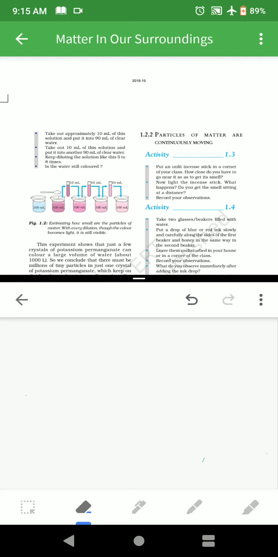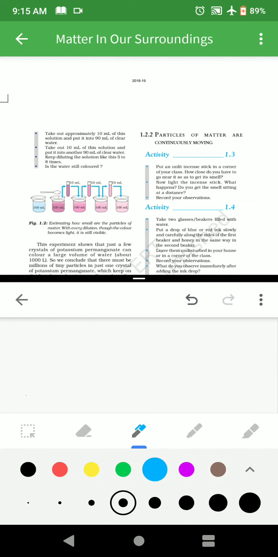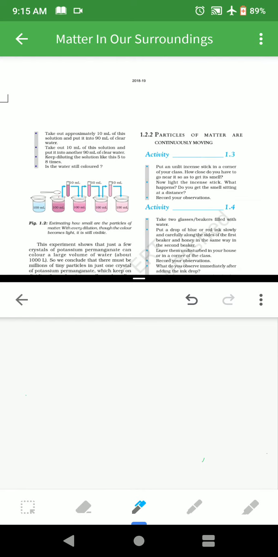Okay, dear students. Suppose here is our room, maybe a classroom or any kind of room.